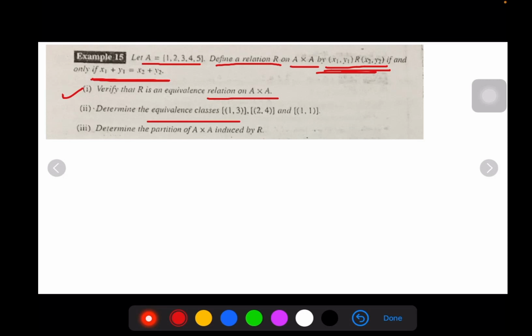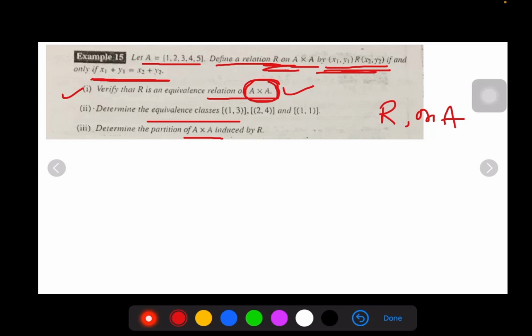Determine the equivalence classes of (1, 3), (2, 4) and (1, 1). Determine the partitions of A × A. Now you should not get confused about how to write the equivalence class for this kind of element. We did it in the previous case for a single element 1, 2, 3, because in that case the relation R was defined on the set A. But here the relation is defined on A × A, which is your Cartesian product, so every element is already an ordered pair.